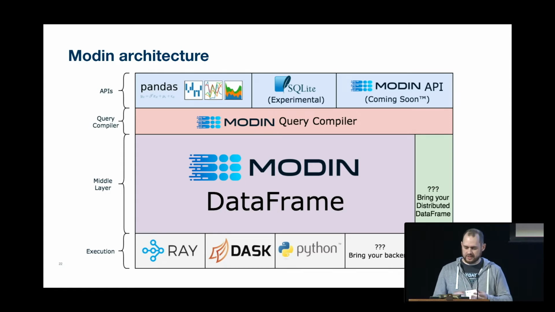That is another purpose that the query compiler serves: if you have a data frame implementation and you implement this query compiler interface, you can actually get all the benefits of having this pandas API, with all the error checking and all these error messages and things that we've spent a while making robust. You just implement that interface and it should just work.